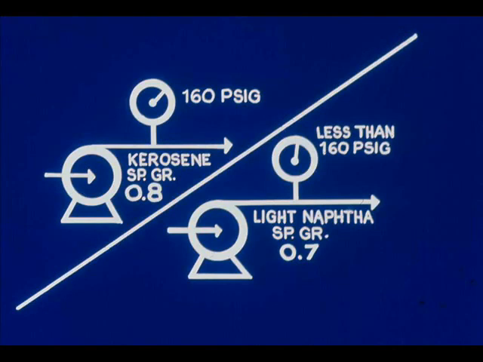Here's another example. Suppose this same pump were to pump a light naphtha, specific gravity 0.7. Then the discharge pressure would be less than when pumping kerosene, specific gravity 0.8.